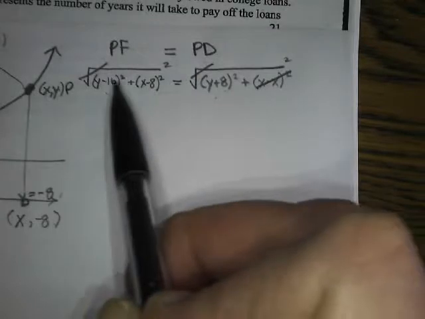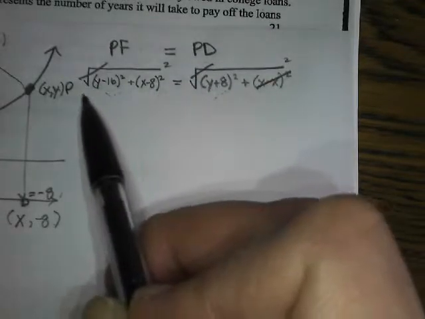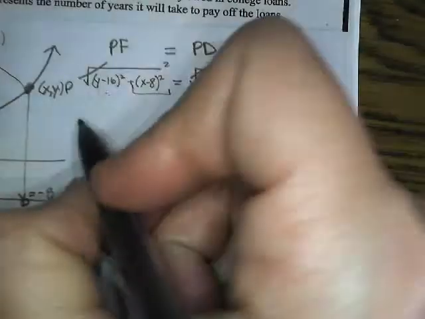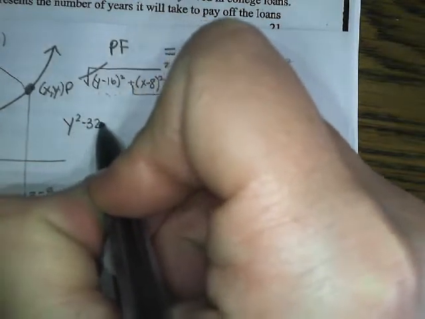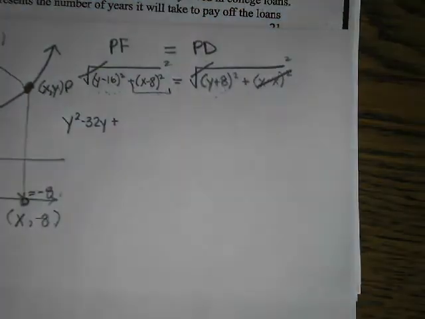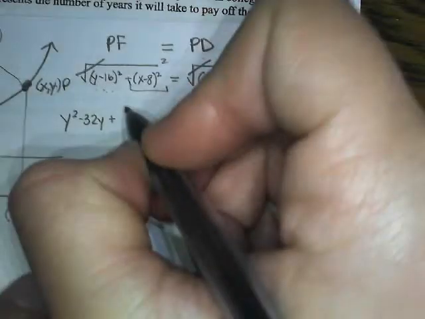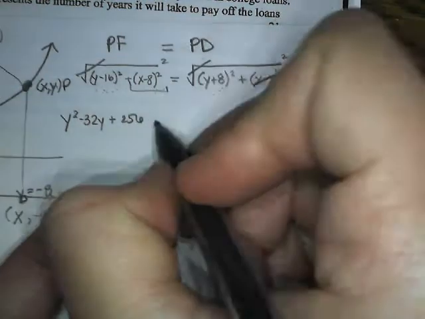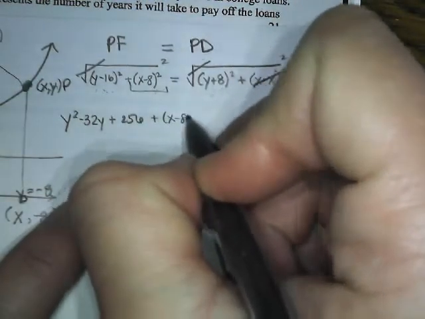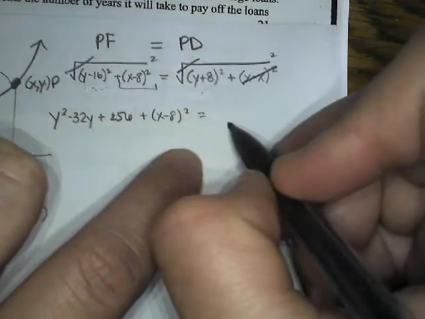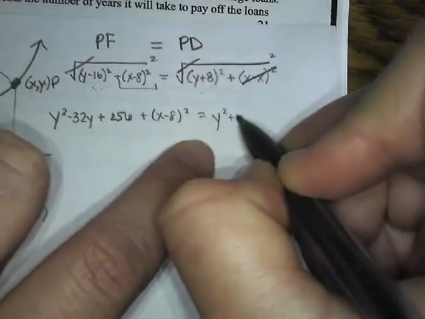I'll leave that alone. But this I'm going to square out to y squared minus 32y plus, what's 16 times 16? 256. Plus my x minus 8 squared equals, and when I square this guy out, it's y squared plus 16y plus 64. And what variable do I try to get all by itself?